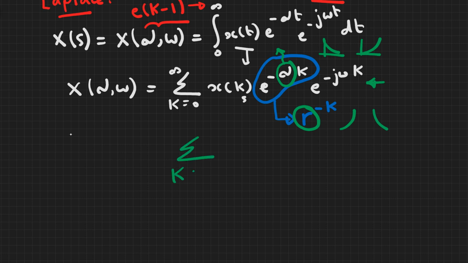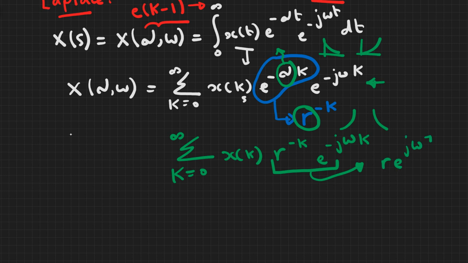So we will rewrite this equation. It will be the summation of x of k, r to the minus k, e to the minus j omega k. This is an intermediate step, and then the final step is that we now know these two terms can be combined.